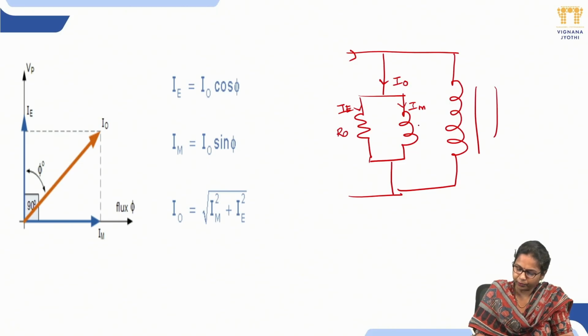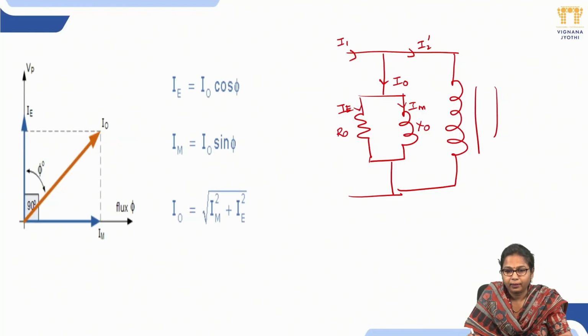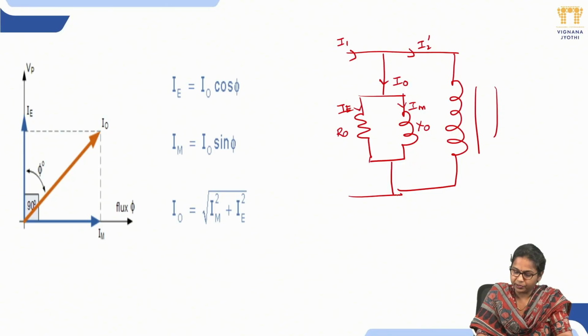These are all your no load components, I naught and so on, and this is your I2 dash and this is your primary current. We'll speak about this I2 dash in the next session.